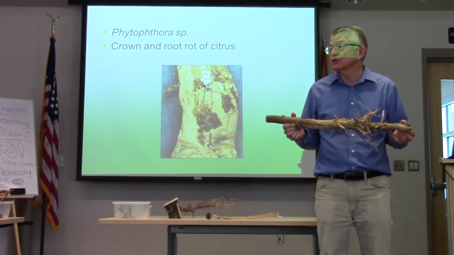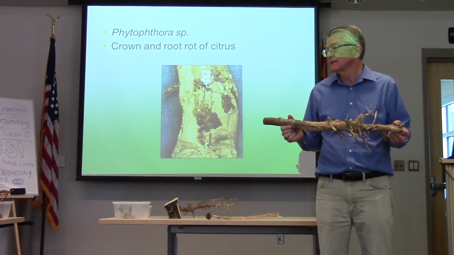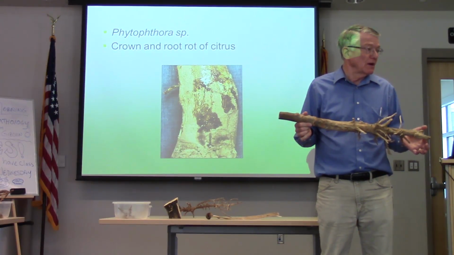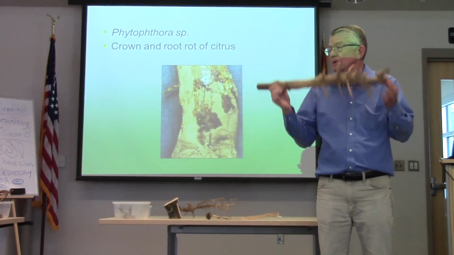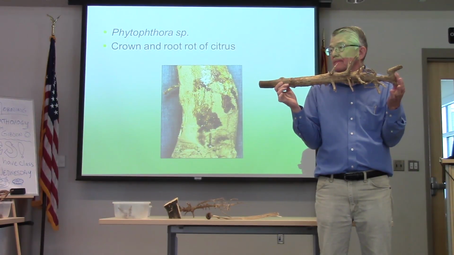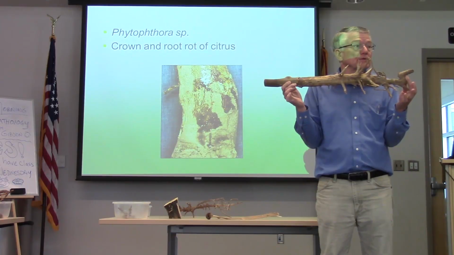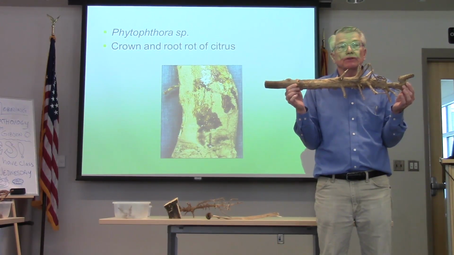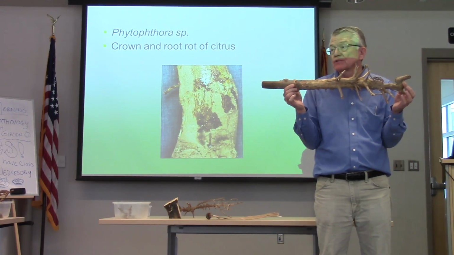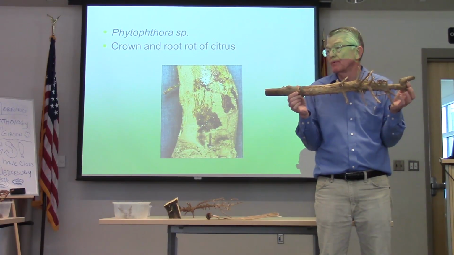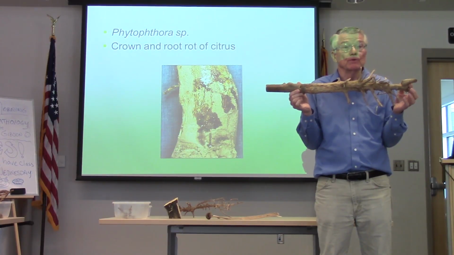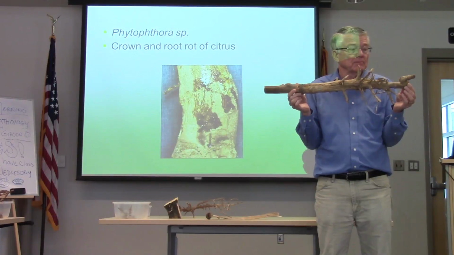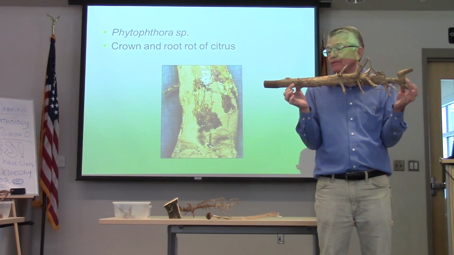We started searching for different rootstocks because the sour orange rootstock is resistant to foot rot. But the other rootstock that we used that they were starting to graft onto is very susceptible. Rough lemon, for example, is a good rootstock. It produces vigorous trees and large fruit, but it is very susceptible to foot rot.